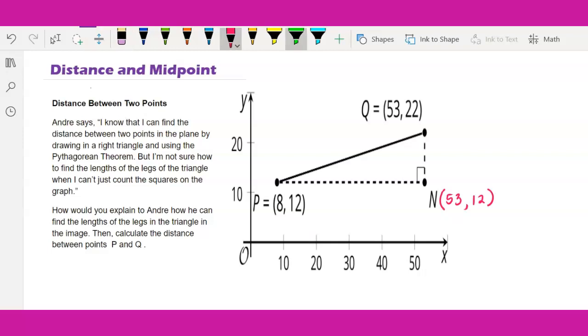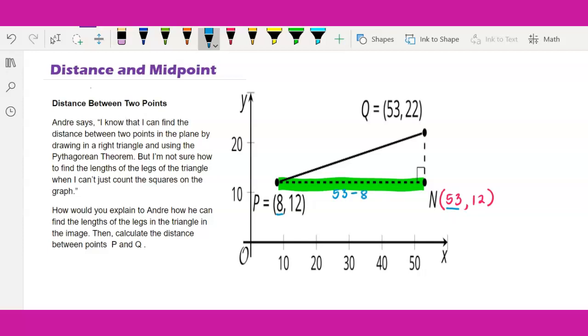This side right here is just going to be the difference between the x coordinates. We can say that that's equal to, I'm going to use a different color, 53 minus 8.